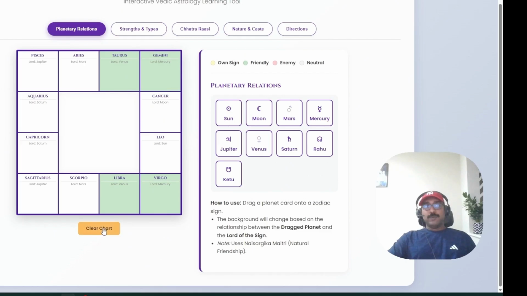Now with Venus. Venus is a very friendly planet with respect to Prashna astrology.